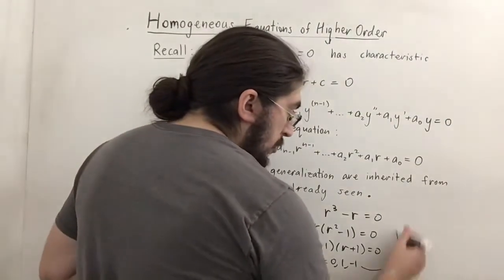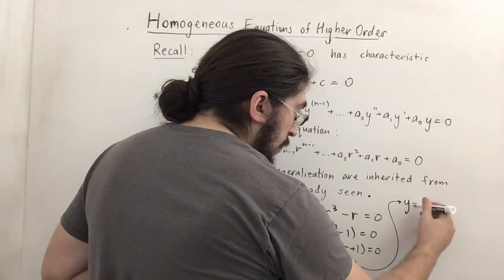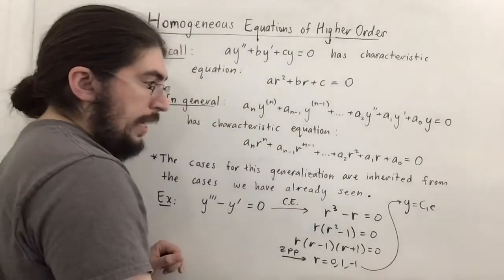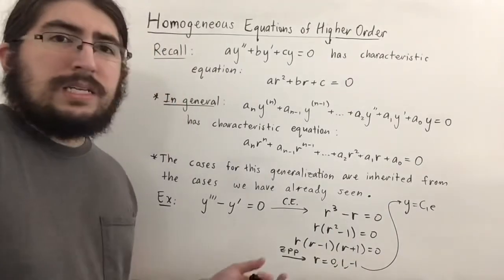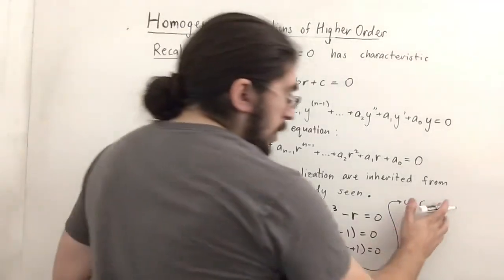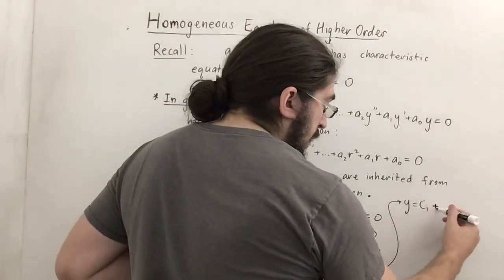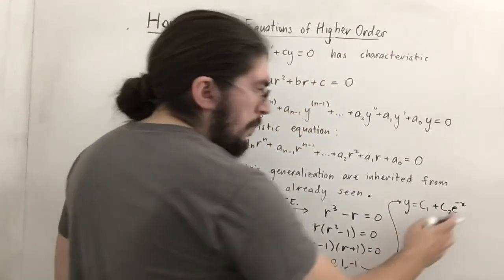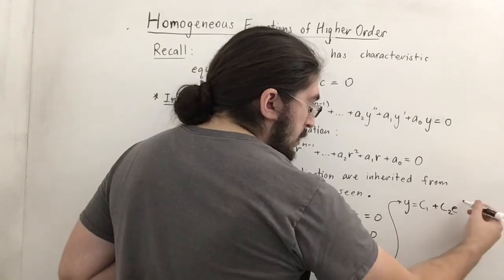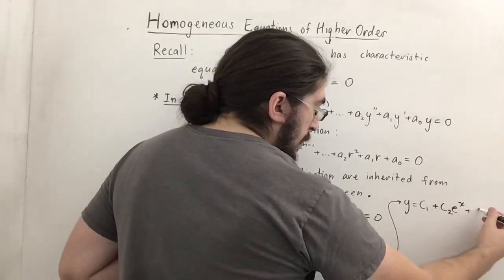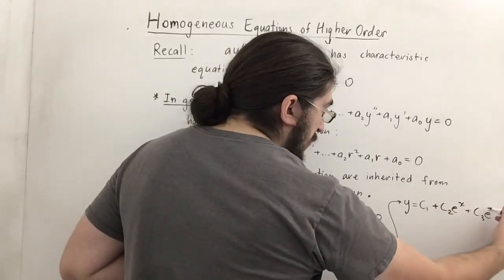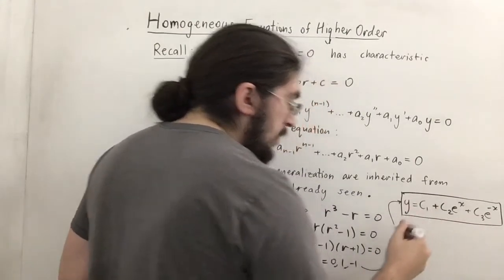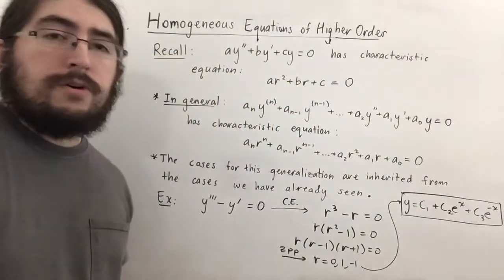So in this case, our general solution then must be y equals c1 e to the 0x, which is just 1, so I'll just write c1 here, plus c2 e to the positive 1x, that's just e to the x, plus c3 e to the negative 1x, or e to the negative x. There we go. That is our general solution to this third-order differential equation.